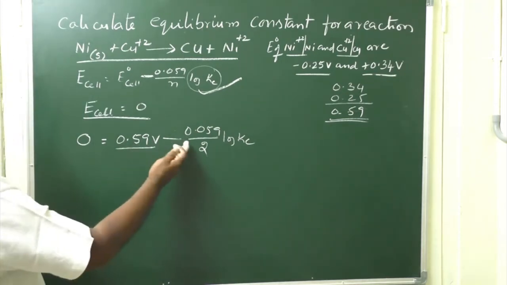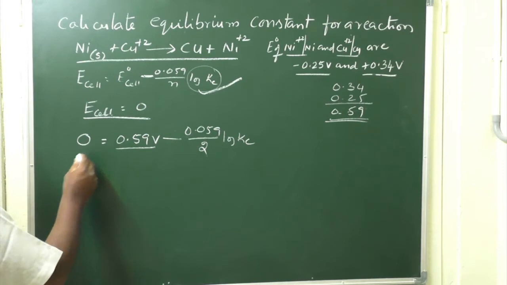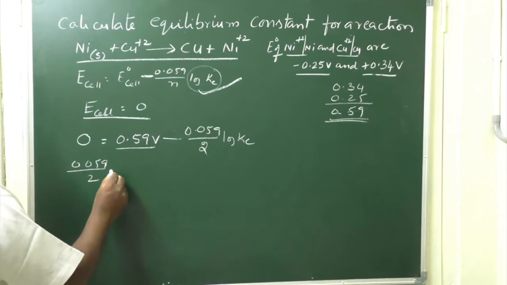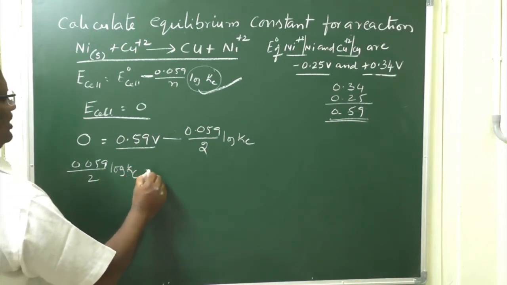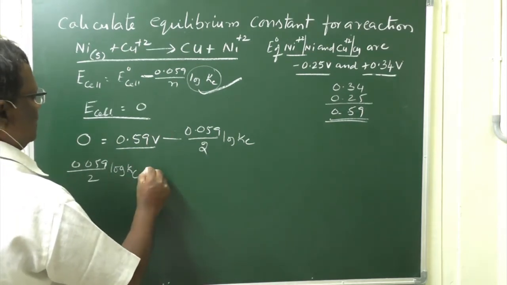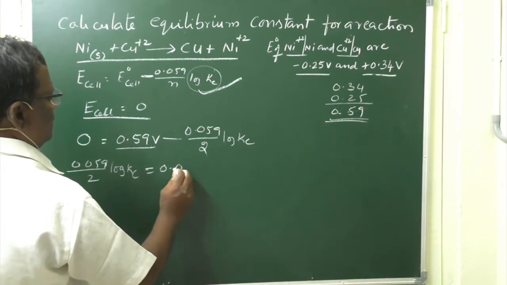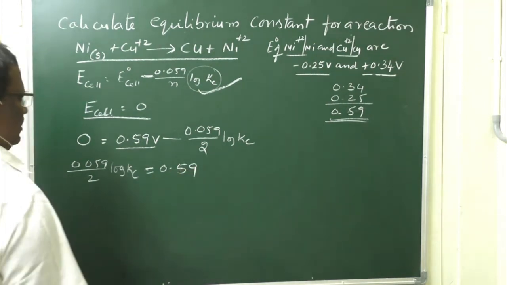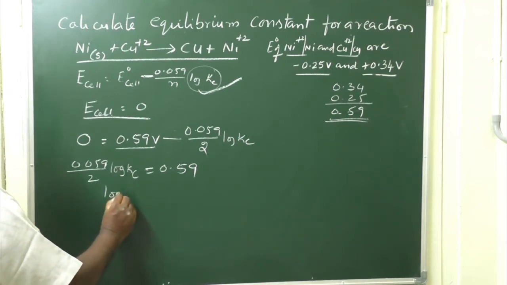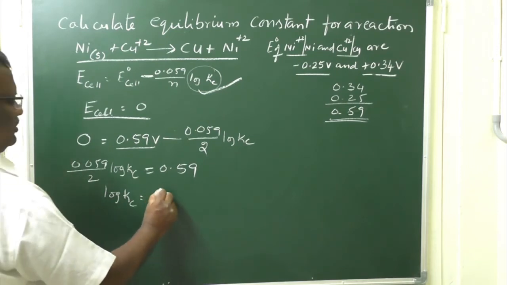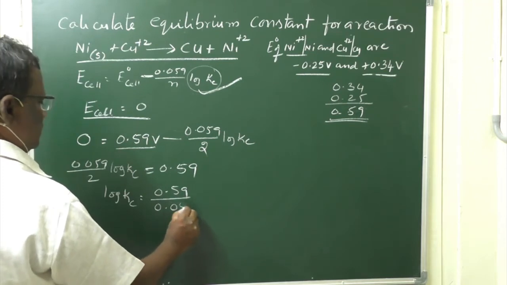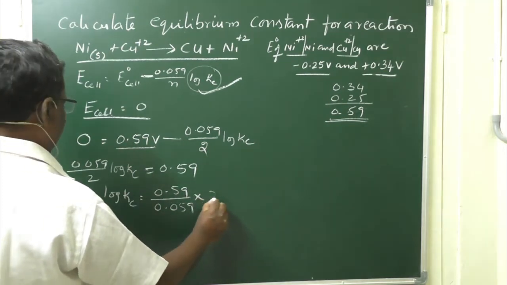So if you take this, you can write it like this: 0.059 by 2 log Kc is equal to 0.59, or log Kc is equal to 0.59 by 0.059 into 2.